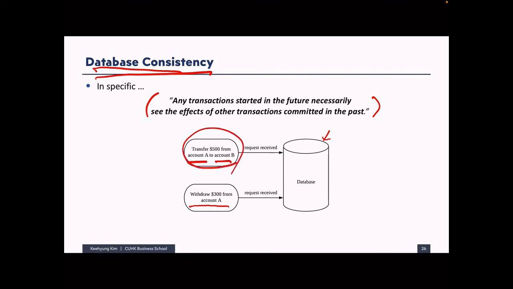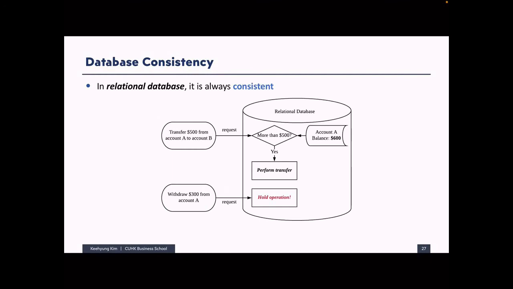It will check whether there is more than $500 in account A. Account A's current balance is $600, so it's more than 500, so we perform the transfer. Then A's new balance will be $100, because $500 is transferred to account B.